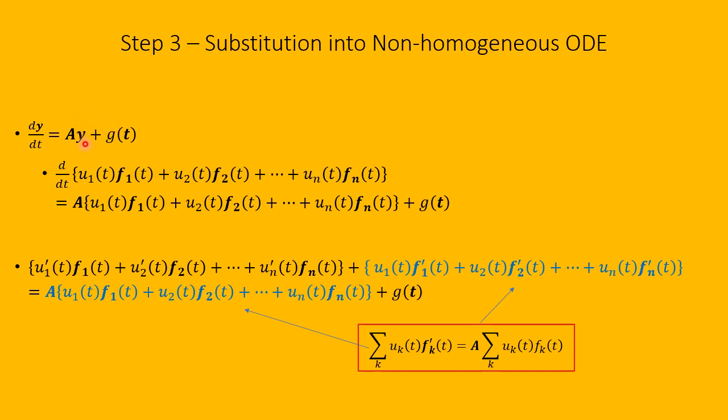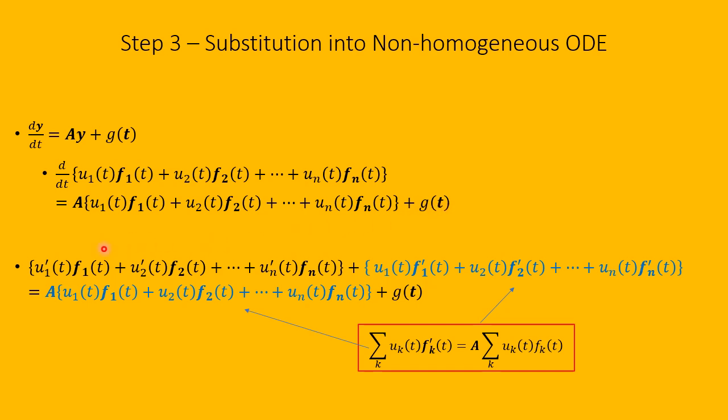Here, y is a column vector, A is an n by n matrix, g is a column vector. So substituting u1 f1 plus all the way through u sub n of t, f sub n of t for the y, this side becomes this stuff right here, and then the other side is going to be A times y, which is all of this, then plus g of t.